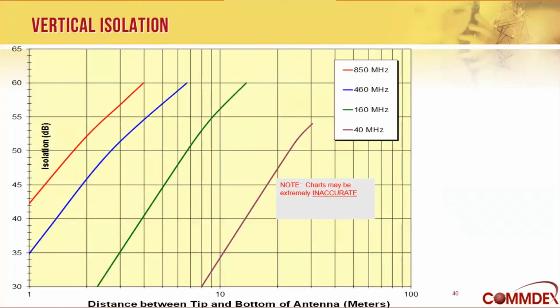Here's a curve which is not to be relied on, but just gives you an idea what vertical isolation will do for us. And so we got different colors for each frequency band. So let's look at the VHF band in the green. This tells us that if we separated two VHF antennas by 10 meters, we would get about 56 dB of isolation, which is pretty good considering all we did was move this antenna 10 meters vertically away from the receive antenna.